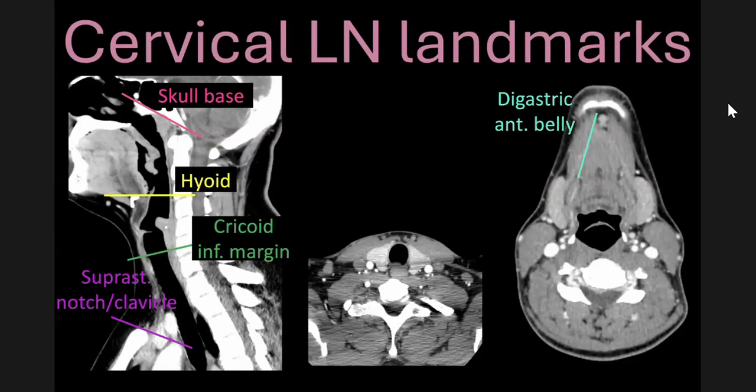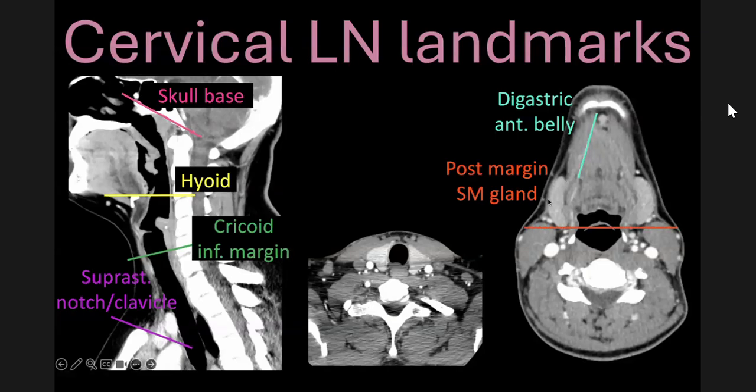Then anteroposteriorly, we have several landmarks. The anterior-most landmark is the anterior belly of the digastric muscle. Right here, we see the anterior belly of the digastric muscle, and the medial margin of this anterior belly of the digastric muscle is one of the anatomic landmarks that are used. Then we have the posterior margin of the submandibular gland.